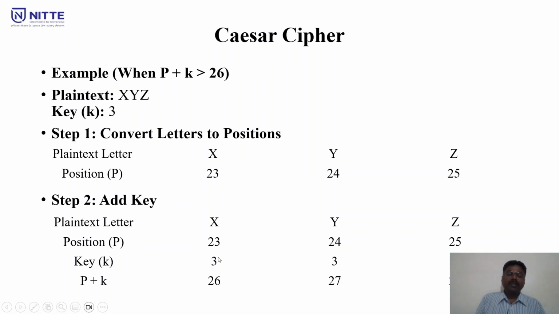When I perform the P plus K operation, 23 plus 3 is 26, 24 plus 3 is 27, 25 plus 3 is 28. In these conditions, we don't have any letters at positions 26, 27 and 28. Under these conditions, we have to perform the modulus operation.